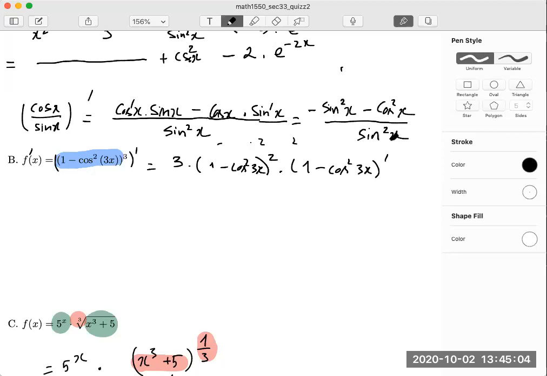Okay? So let us write it another way. This is u cubed, right? We take the derivative of u cubed, it gives us 3u squared times u prime. And u in this case is 1 minus cosine squared of 3x. Substitute this. We have this. Is it clear? Okay? Is it clear or not? Okay, then we continue, right?